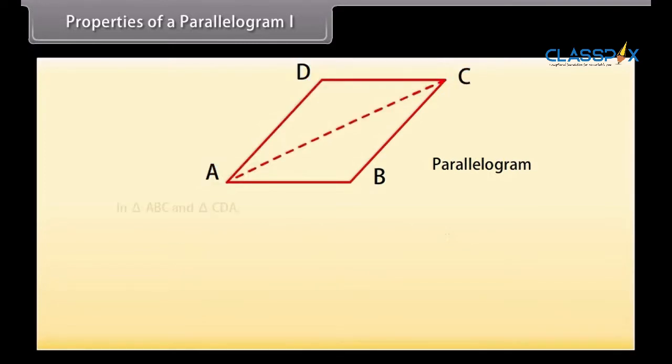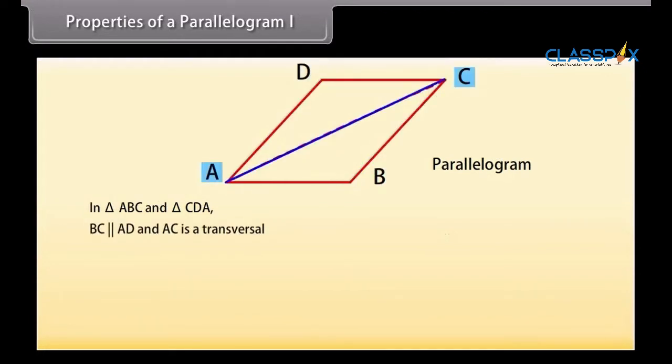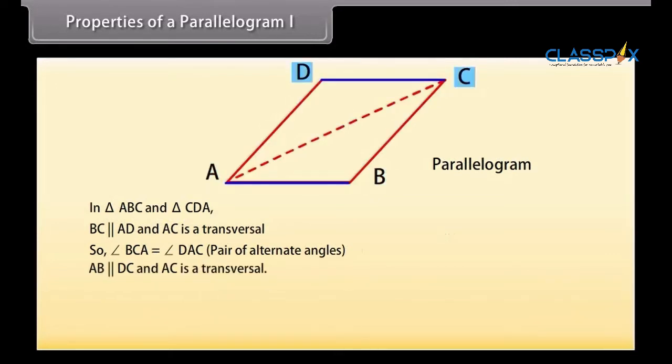We can see that in triangle ABC and triangle CDA, BC is parallel to AD and AC is a transversal. So, angle BCA is equal to angle DAC because these are a pair of alternate angles. Also, AB is parallel to DC and AC is a transversal.